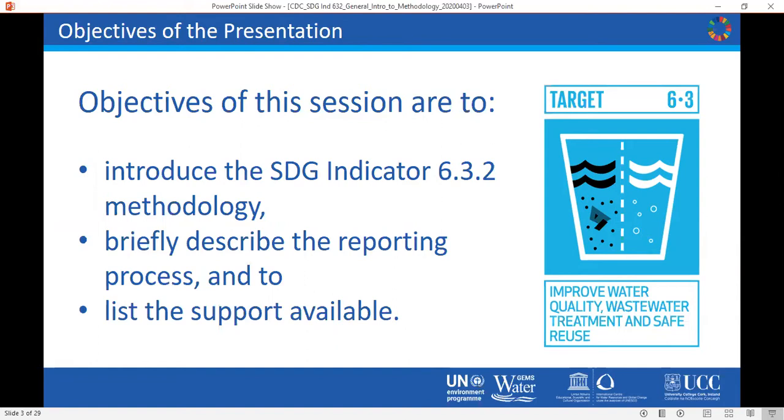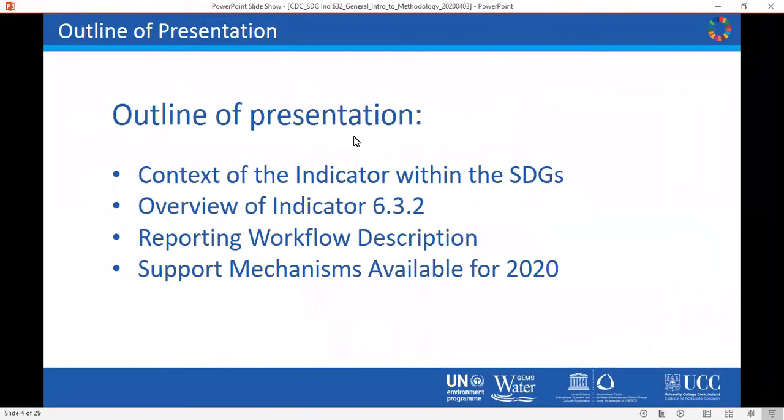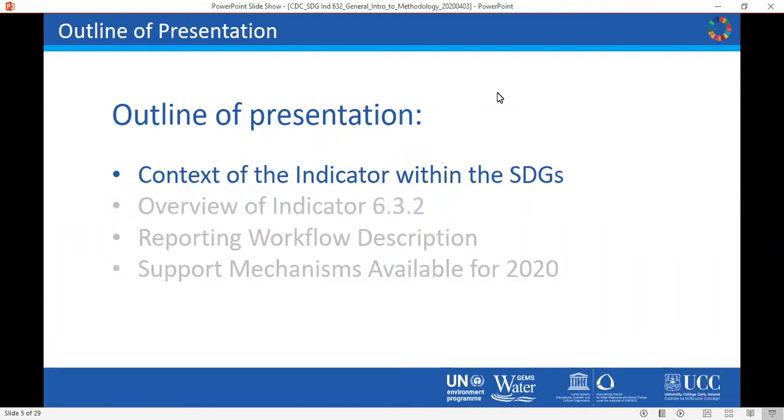Philip will then talk about the reporting process, and Caitlin will describe the support that we've put in place to help countries to report this year. Okay, so we'll start with the context of the indicator, and Killian's going to describe this bit for us.